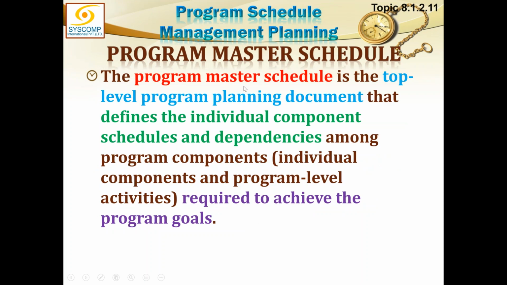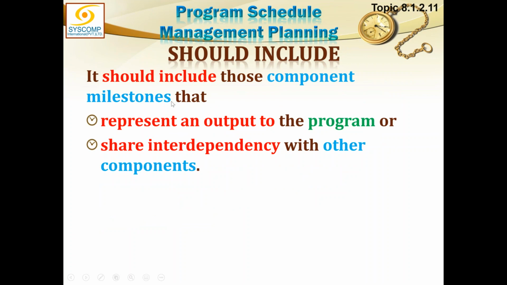Program master schedule is the top level program planning document that defines the individual component schedules and dependencies among program components, individual components, and program level activities required to achieve the program goal. It should include those component milestones that represent an output to the program or share interdependency with other components.